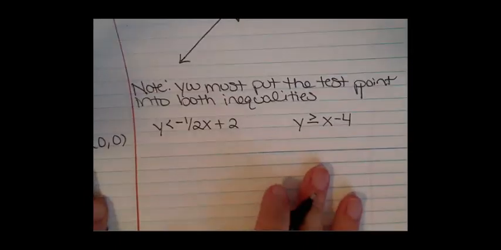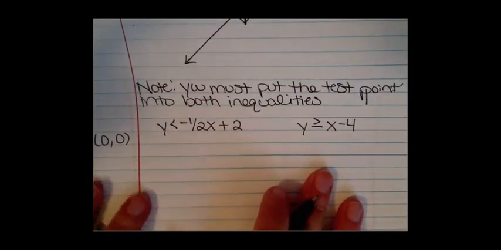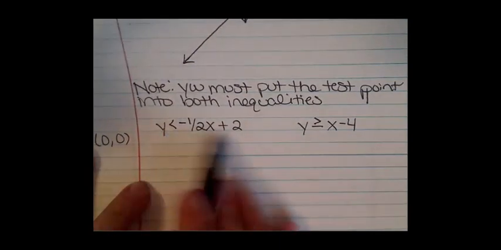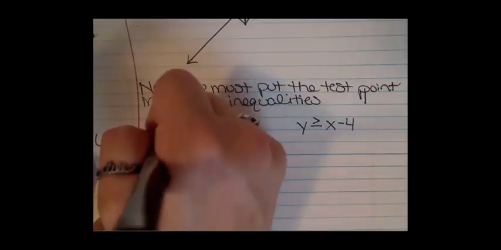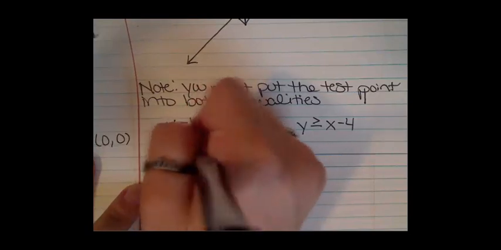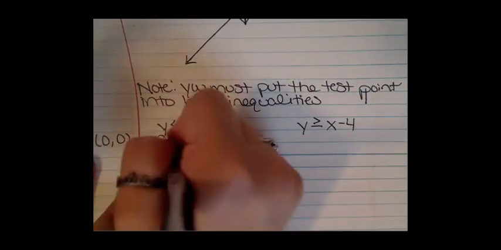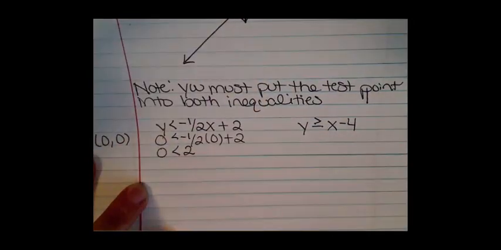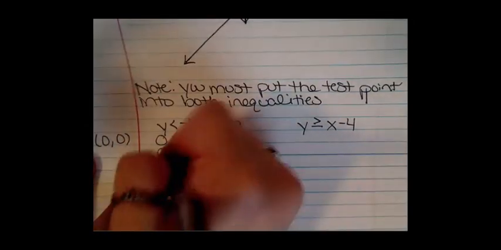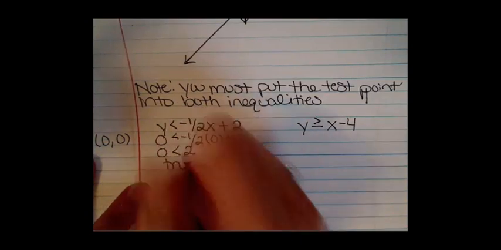So we need to plug in 0, 0 in our first inequality. So we have 0 is less than negative 1/2 times 0 plus 2. 0 is less than 2. Is that true? That is true. So hopefully our next one is true, and then we know which one to shade.